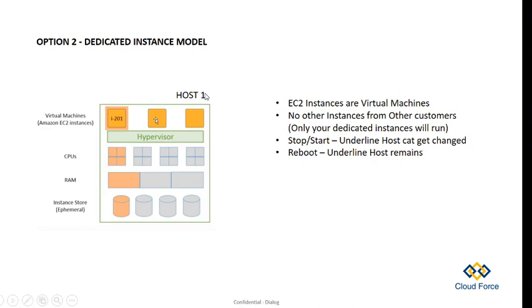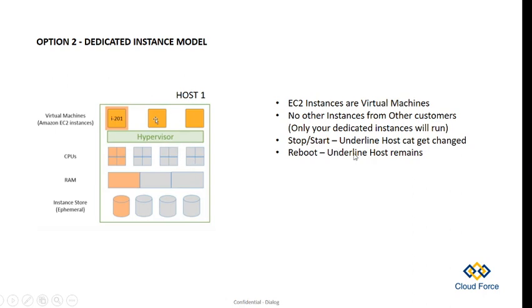If you stop and start your EC2 instance, your host may change. Your VM may get moved to another host, to host 2 for instance. That is also something you have to understand clearly. If you reboot from the OS, same as the shared model, your VM will not get moved.